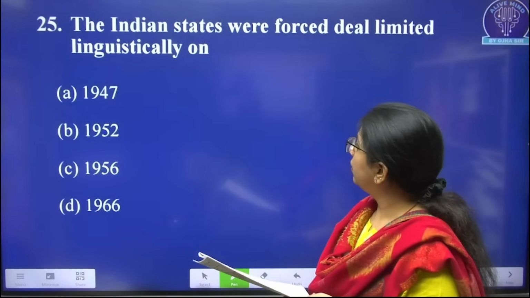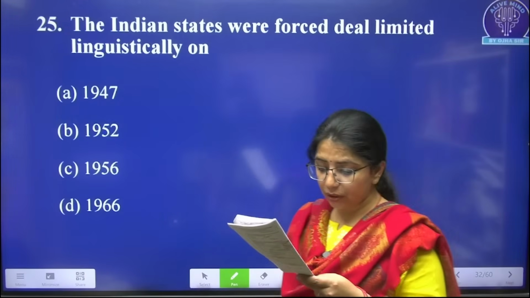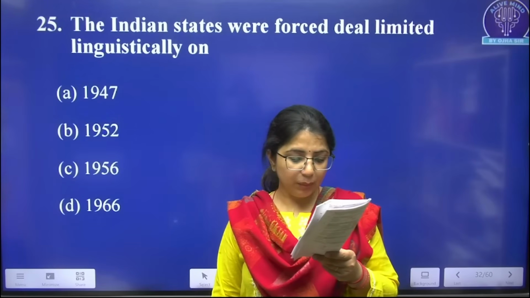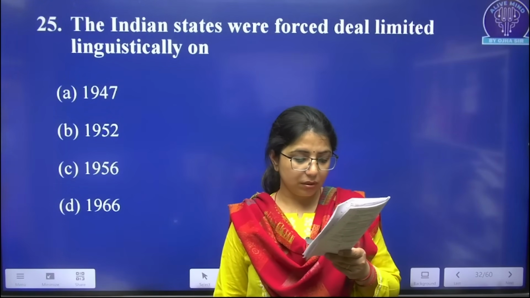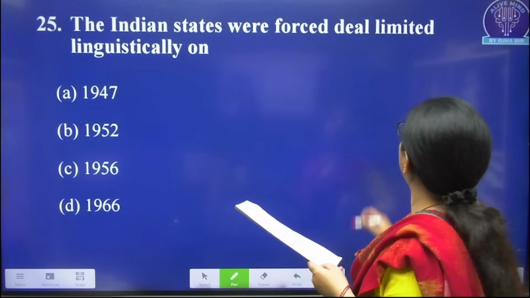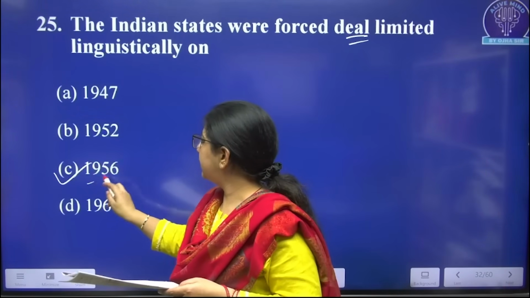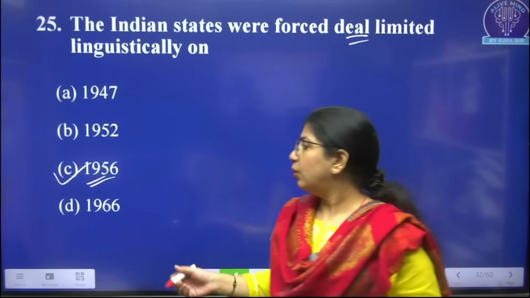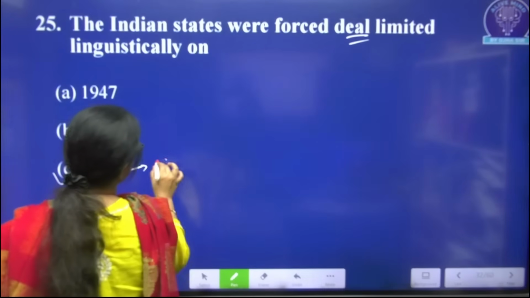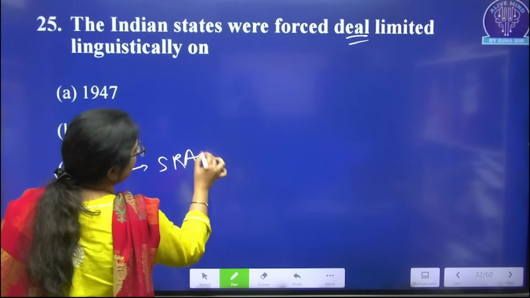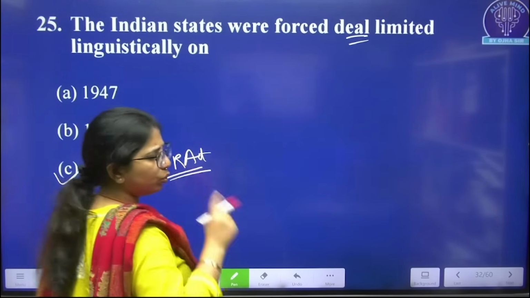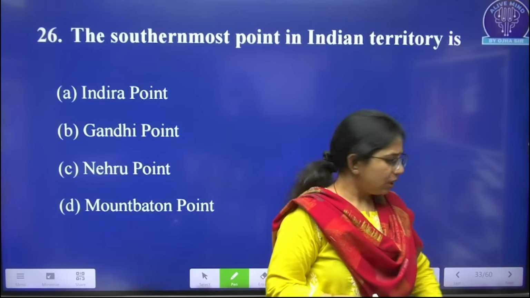Indian states were forced to be delimited linguistically on, it is this 1956. Why 1956? An act came, State Reorganization Act. These two questions you will get to know in polity section. Right?